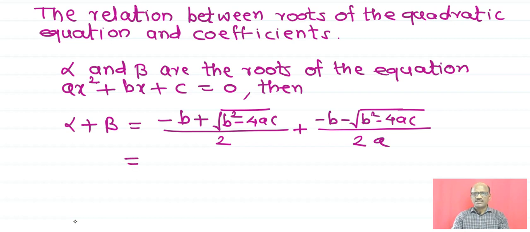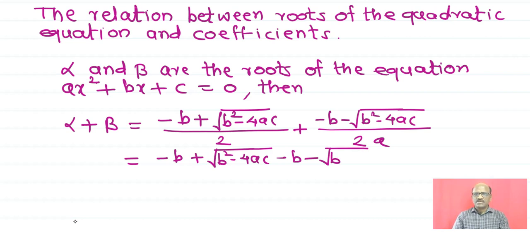a राहिलाय पहिल्या ह्याच्यात बाय मिस्टेक. That is 1 upon 2a, minus b plus root of b square minus 4ac minus b. दोघांचा बेस सेम आहे upon 2a.